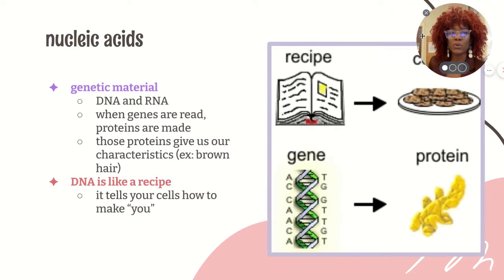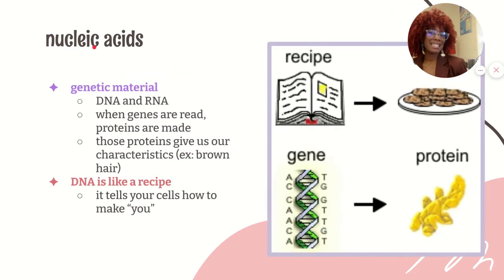Okay, so nucleic acids. Their function, we already know this, is their genetic material, so DNA and RNA. When genes are actually read, proteins are made. We're going to get to proteins in a second. Those proteins are going to give us our characteristics, such as brown hair.